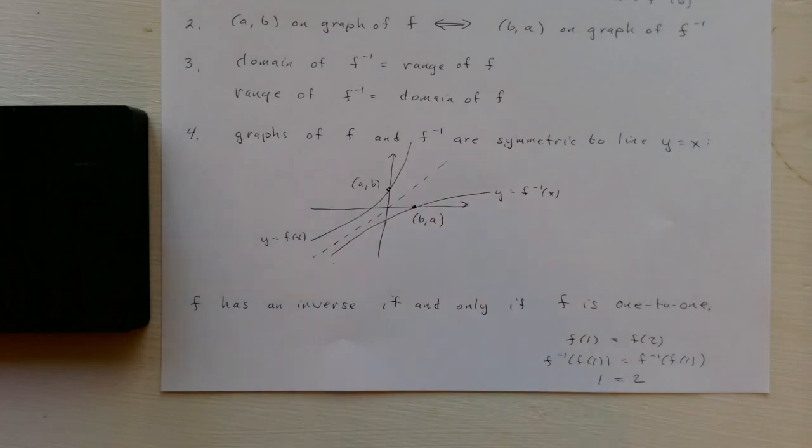We're going to run into this problem any time we have an output with two different inputs. So a function has to be one-to-one for it to have an inverse. And it turns out that if a function is one-to-one, it always has an inverse. You can construct it.